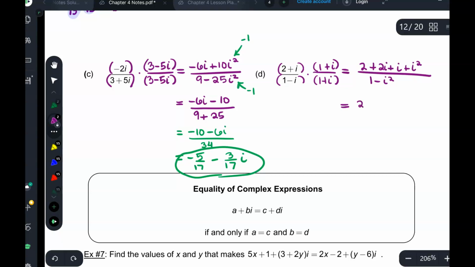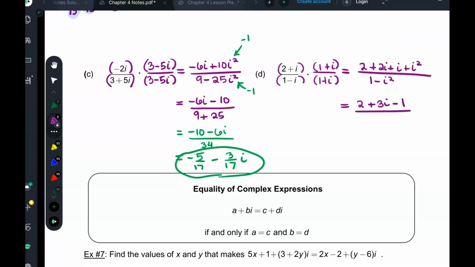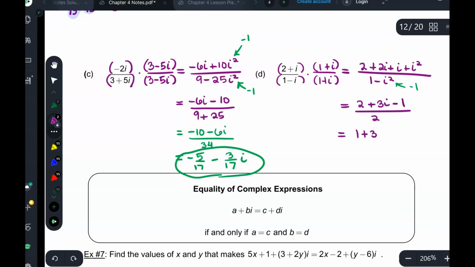In the numerator, I get 2 plus 3i minus 1 over, that'll be 1 minus negative 1, which gives us 2. So I have 1 plus 3i over 2, and then I'm just going to rewrite that, so it's 1/2 plus 3/2 i.